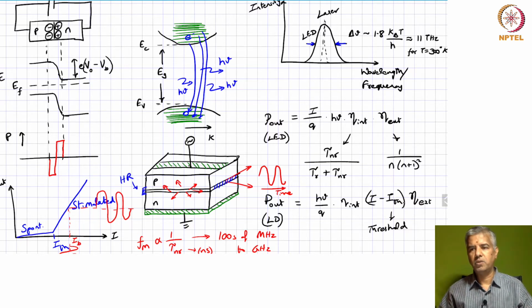That's the power that you get to extract from this cavity, and this is typically given by eta m, or rather I'd put it as the mirror loss corresponding to this facet over the total loss within that resonator. Okay.